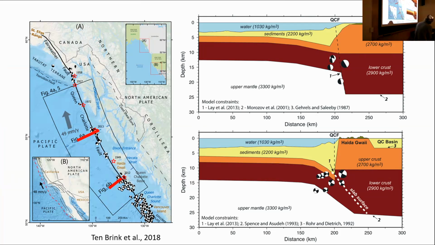these are interpretations of margin structure that we can take even just from geology, and this is the Brink papers.